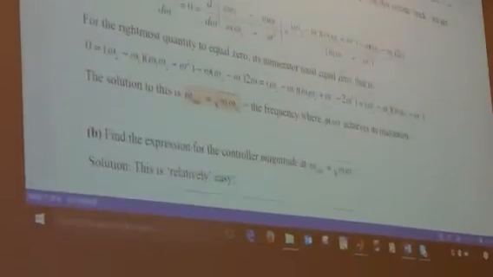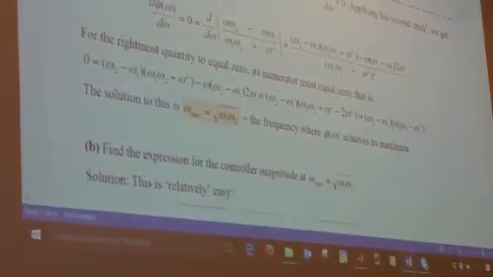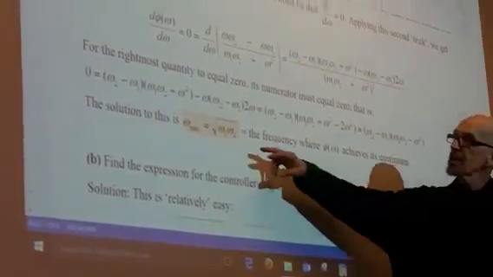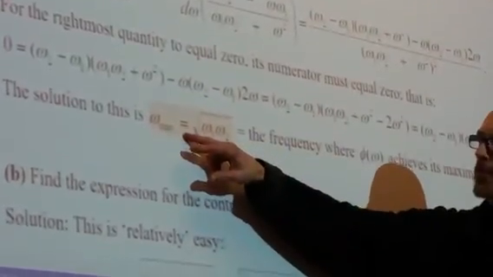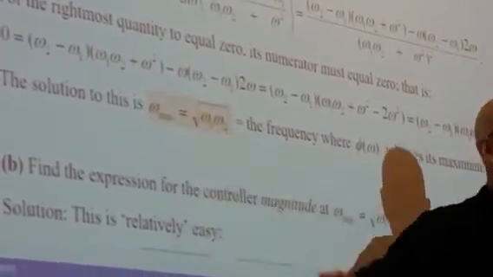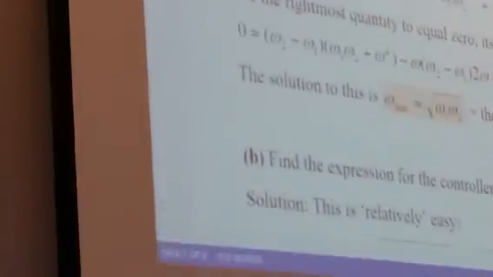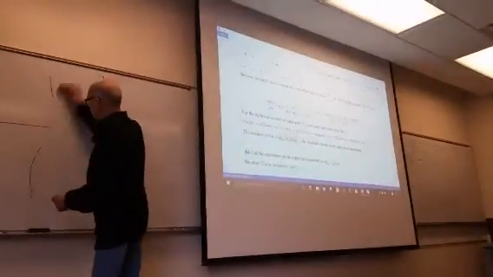It's talked about right there in the chain rule, and there's what you get. The rest is algebra. It's polynomials, but it's not bad. It's quadratic. So omega max, the frequency where that maximum phase occurs, is at the square root of omega 1 omega 2. So let's write that down.